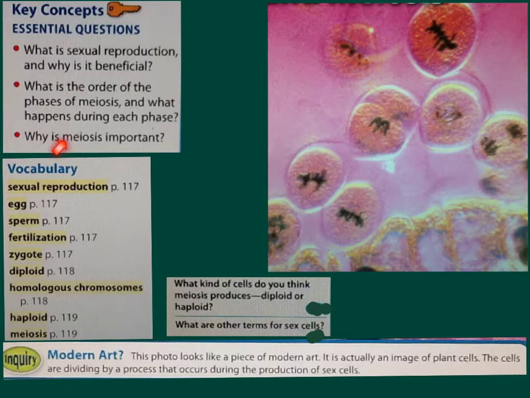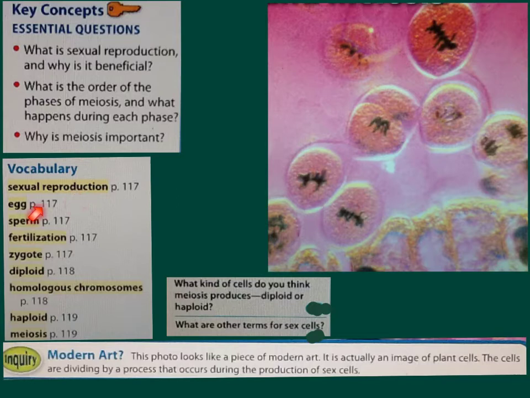Okay, the other things we need to pay attention to are the vocabulary words. Quite a few this time. You're going to need to make sure you're writing the word, and when we come across the information in the reading or in the video, you need to pause it and write the definition. Those need to be put in your science journal as we go. First one, sexual reproduction. Sexual reproduction is, of course, one of the titles of our lesson.